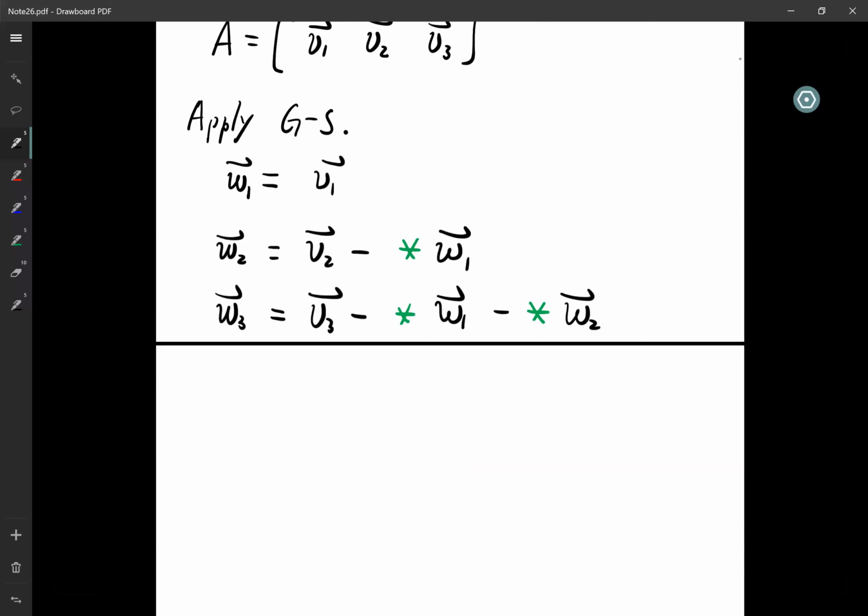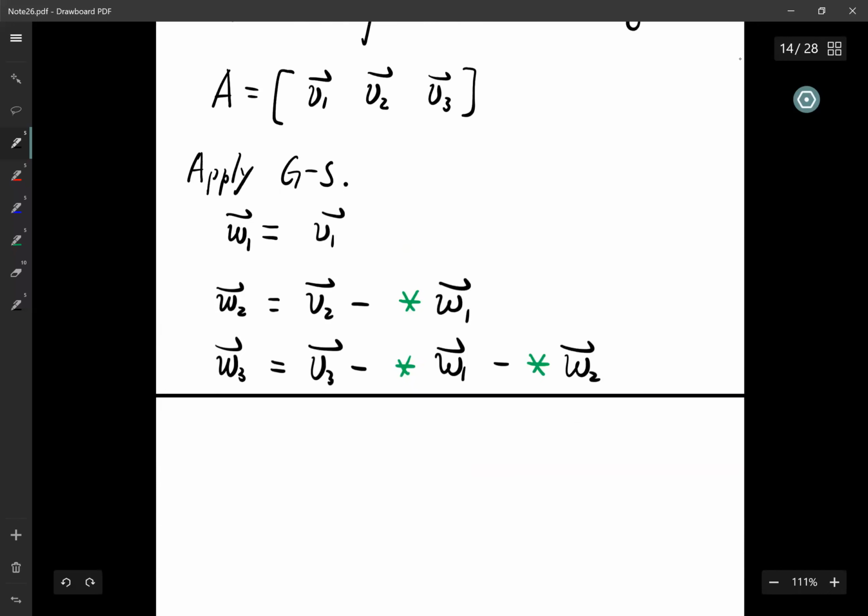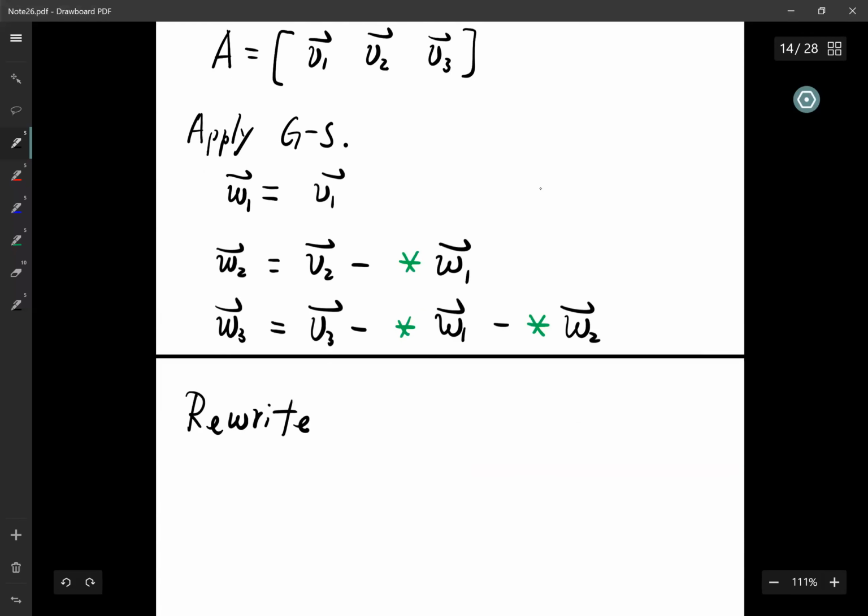So let me rewrite this. I want to write A equal to something. A is V1, V2, V3.